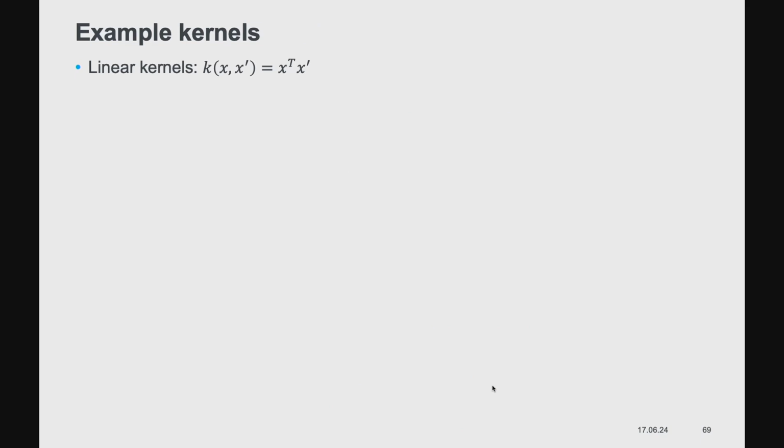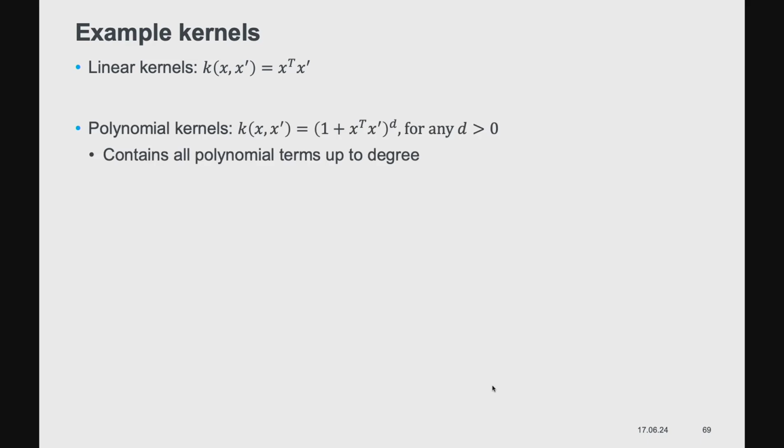So, example kernels. A linear kernel is the one that we put in. A polynomial kernel: here you would take 1 plus x transposed x prime, and compute this to the power of d for any d. And this already contains all polynomial terms up to degree d.